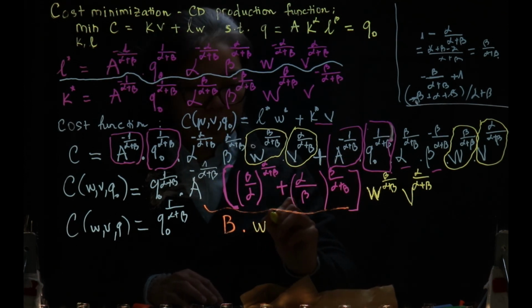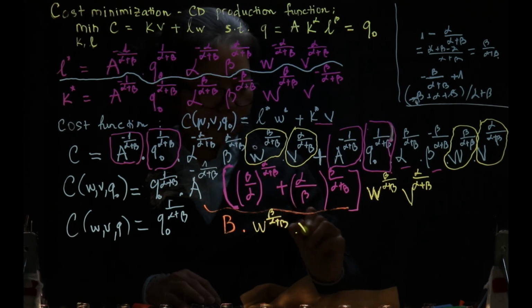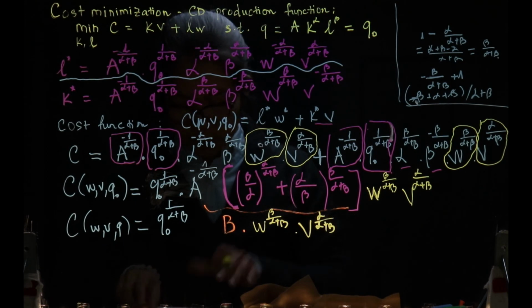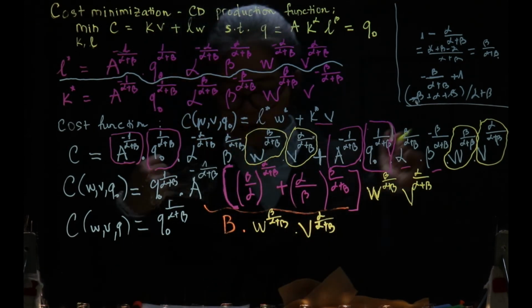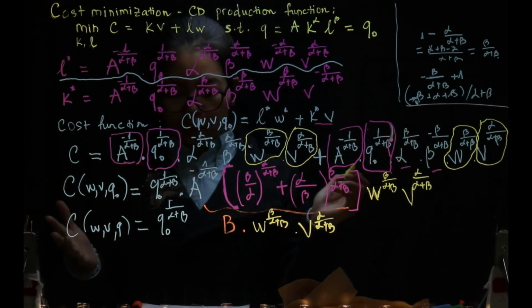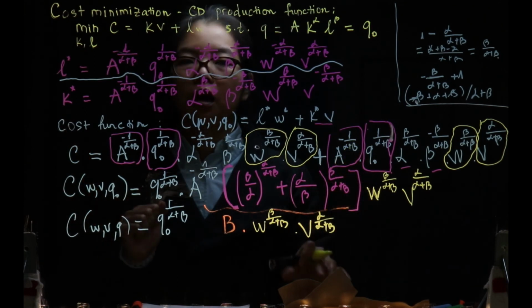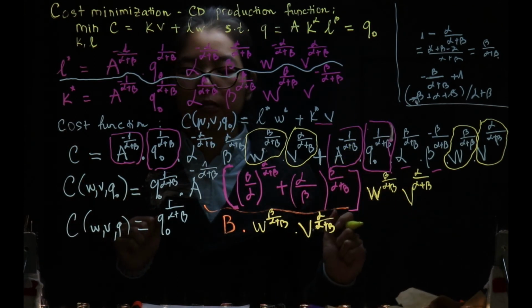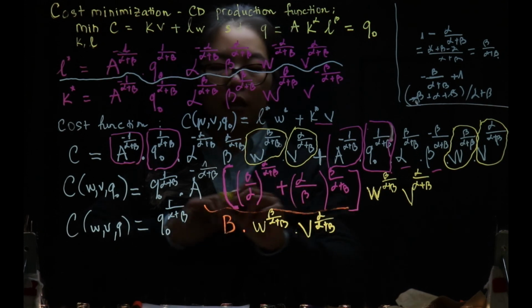W to the power of beta over alpha plus beta times V to the power of alpha over alpha plus beta. This is the cost function of the Cobb-Douglas production function when it's minimized.